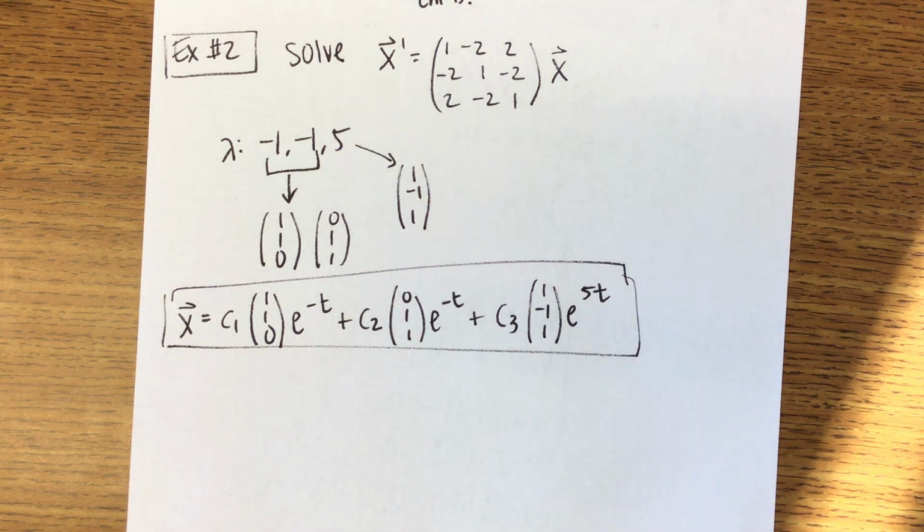Good on that one? The case that is definitely more interesting is when you have multiplicity m, but only one eigenvector.